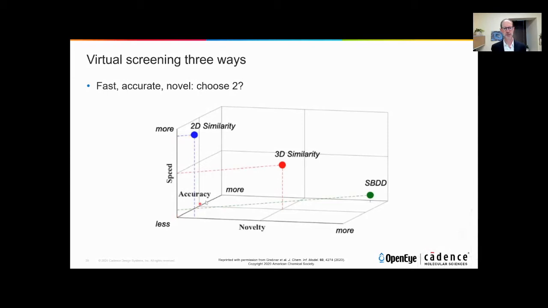Another axis of performance here on the z-axis is accuracy. Given the list of predicted active molecules, we'd like to have the highest proportion of genuinely active molecules in that list as possible. And then a third and very important axis is structural novelty. As I'll get into later, 2-dimensional methods tend not to give highly structurally novel molecules, 3-dimensional methods more, and as we'll see in Part 2, structure-based methods give even more structural diversity in the hits.